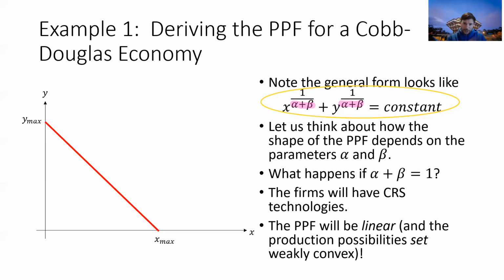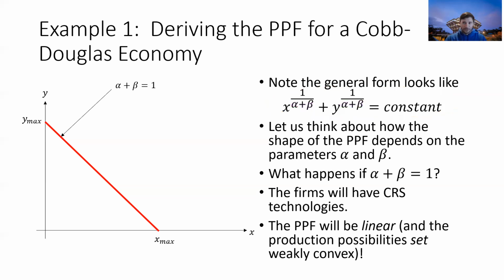Right? If you have a linear PPF, every unit of X requires you to give up the same opportunity cost in terms of the Y that is foregone. Okay. This is one case that we could think about here.